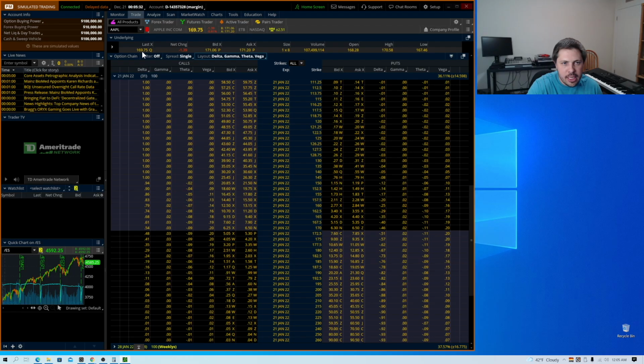If it goes from 169.75 to 170.75, that dollar increase is going to add $41 to this option price, and this delta is going to increase by 3, right? So obviously the numbers are overexaggerated in the example on the slide, but when we come in here and we look at the actual options chain, we can see exactly what this information means, and we can use that to help us make better decisions.